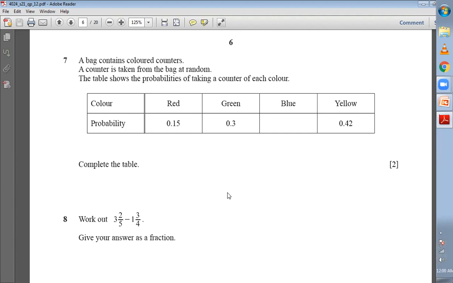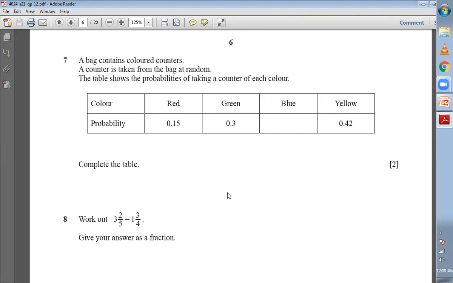A bag contains colored counters. A counter is taken from the bag at random. The table shows the probabilities of taking a counter of each color. Red is 0.15, green is 0.3, blue we don't know, yellow is 0.42. Complete the table by finding the probability of blue.